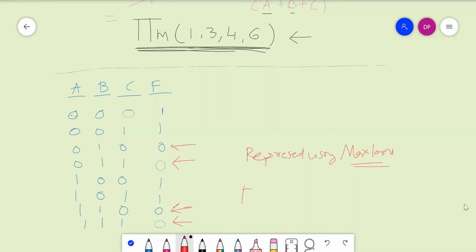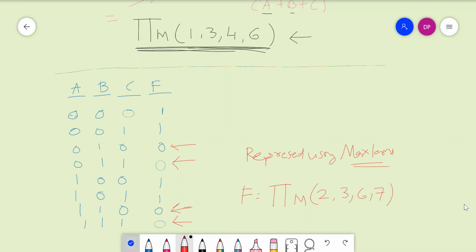So what you can write: F is equal to the product of capital M of 0, 1, 2, 3, 6, 7. Right, 2, 3, 6, 7.